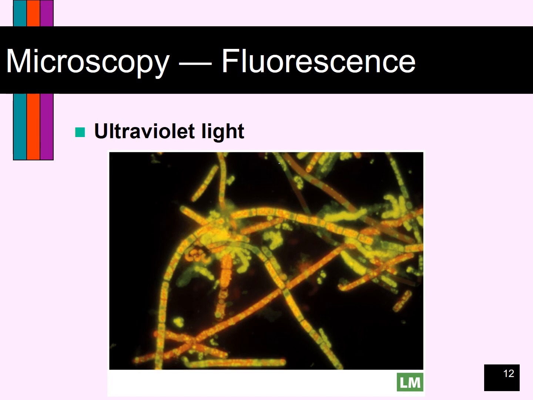And acridine orange binds to nucleic acids, and depending on whether the cell is living or dead, it's going to fluoresce a different color. So live cells fluoresce this bright green or yellow color, and dead cells fluoresce a red color. So that is using a fluorescent dye to attach to the nucleic acids to determine whether cells are living or dead.